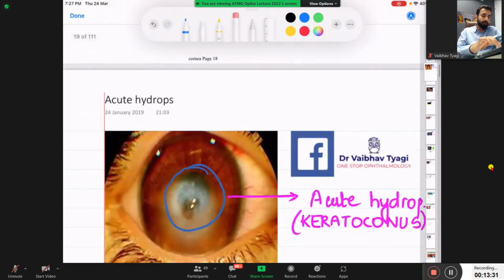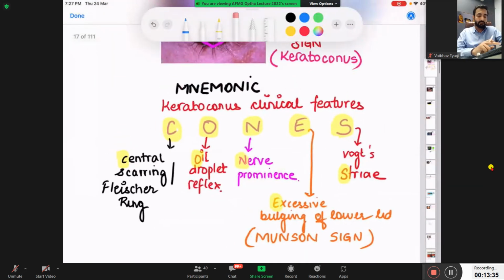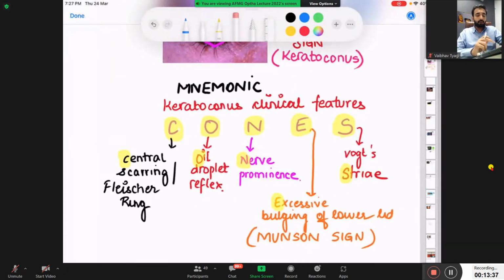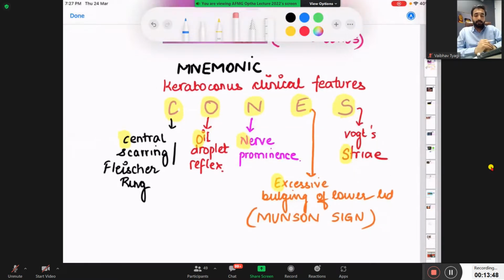Next sign, write down CONES. O we have discussed, oil droplet. N for corneal nerve prominence. Write down N for corneal nerve prominence, which we have already discussed in the mnemonic link.